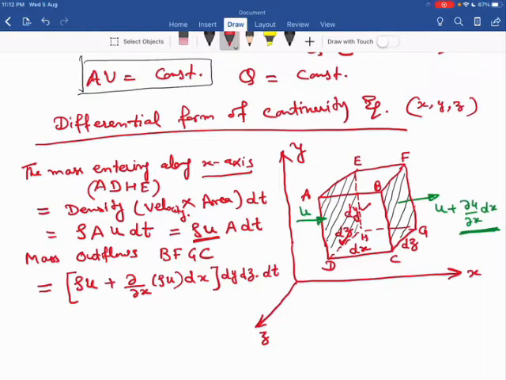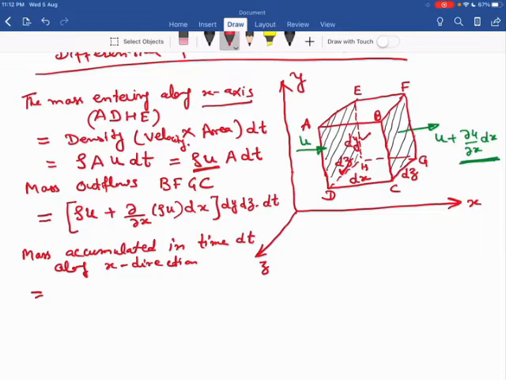Now you can write the mass accumulated in time interval dt along the x direction. This mass accumulated is mass entry minus mass leaving.